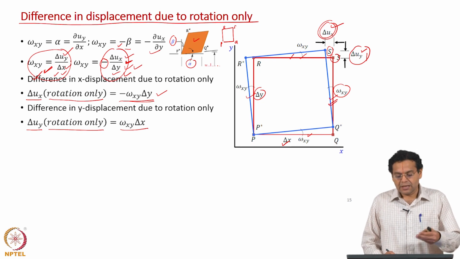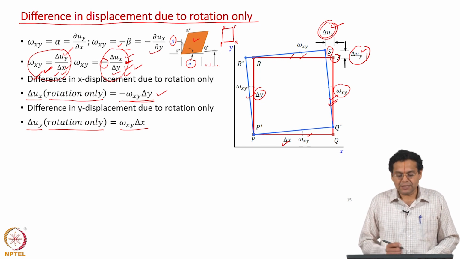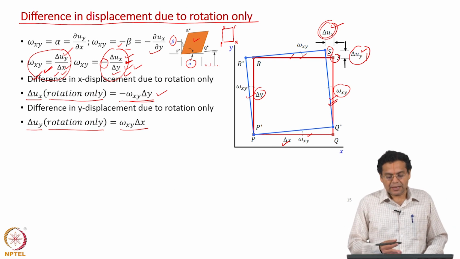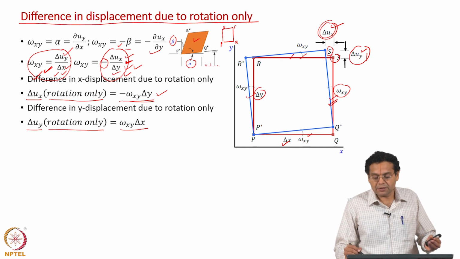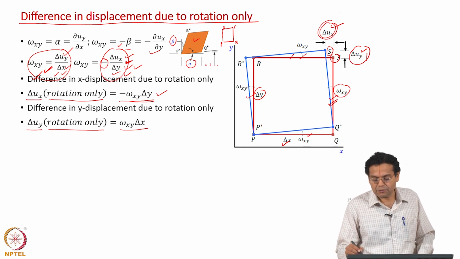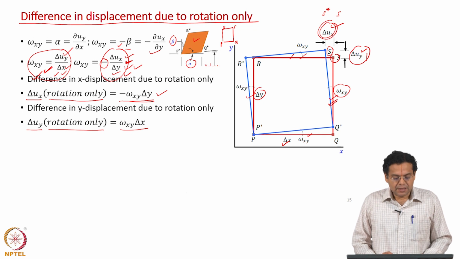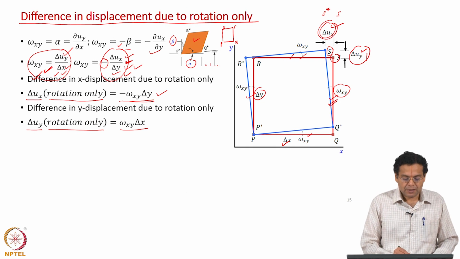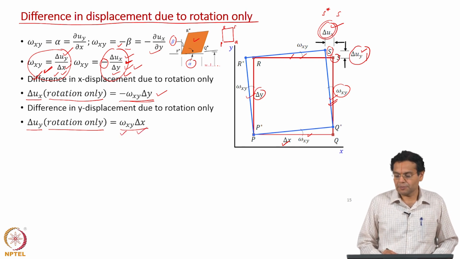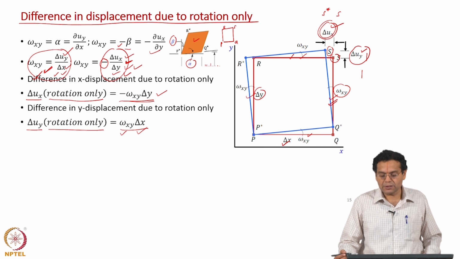In fact, we wrote the negative sign taking into account the x displacement. Omega xy is positive and delta y is anyway positive, so if you substitute, the difference will be negative, which is in line with our movement of S to S star along the negative x axis. Now, of course, for the difference in y displacement, that is very clear, omega xy is positive, delta x is positive and S moves along the positive y axis.